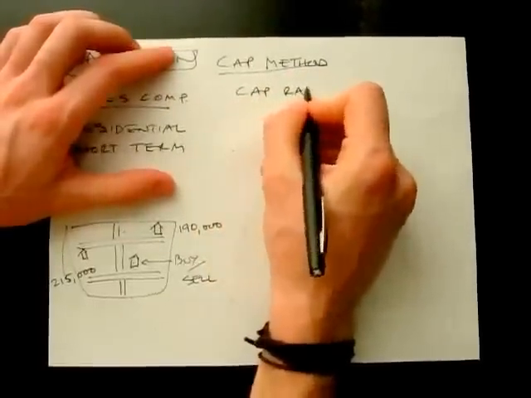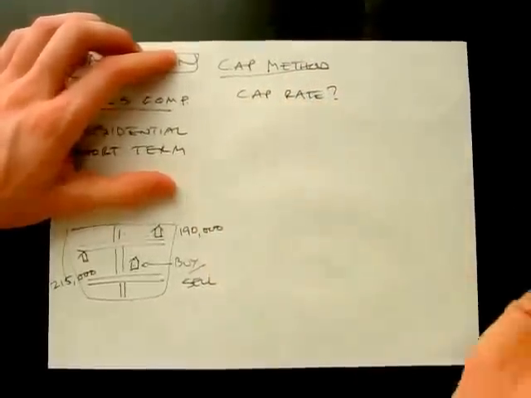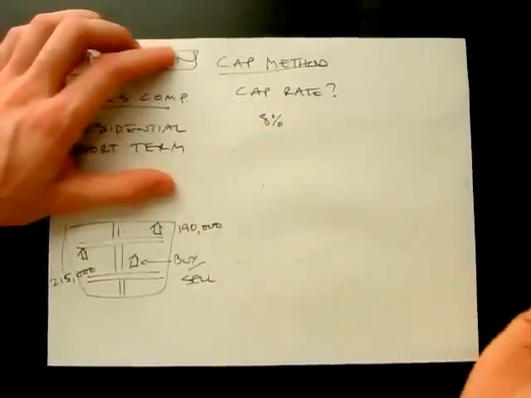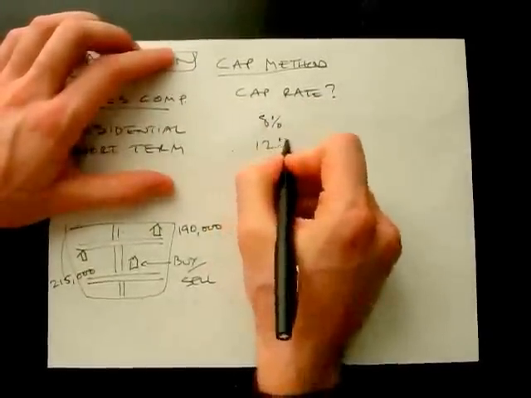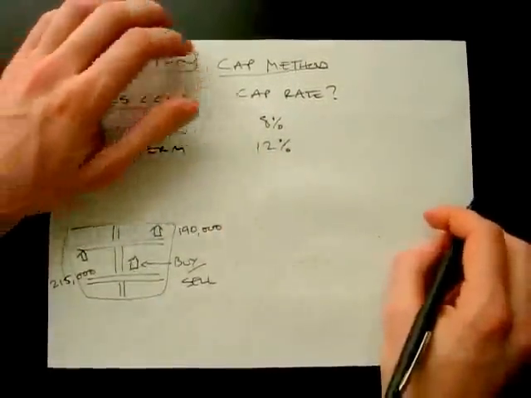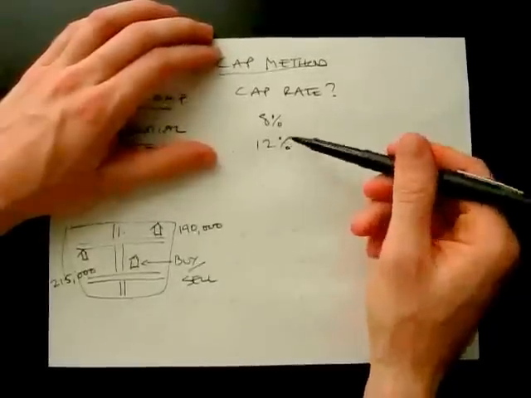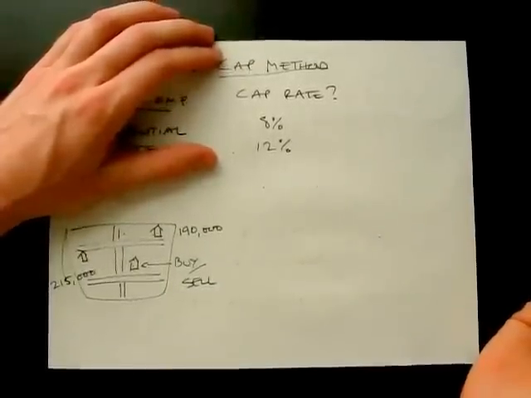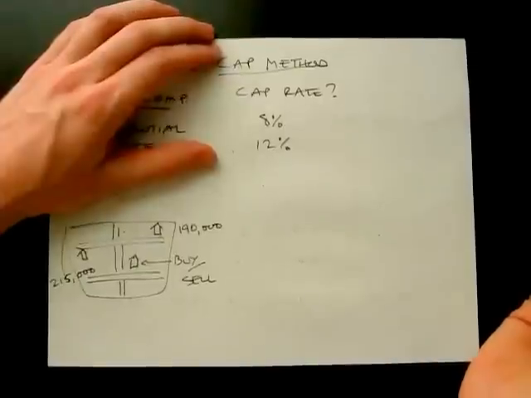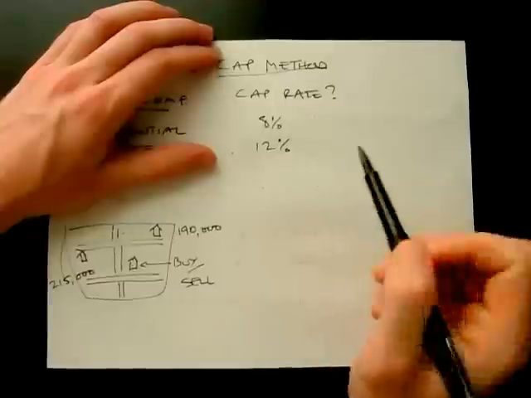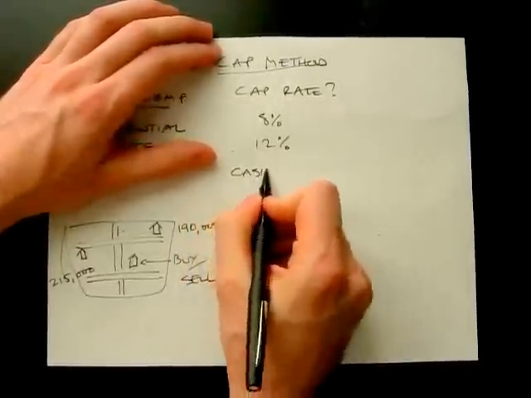What is the cap rate for a given area? Is it 8% cap rate? Are you in an area with a 12% cap rate? So you want to find what your cap rate is in your area and figure out what the property is worth based on that.